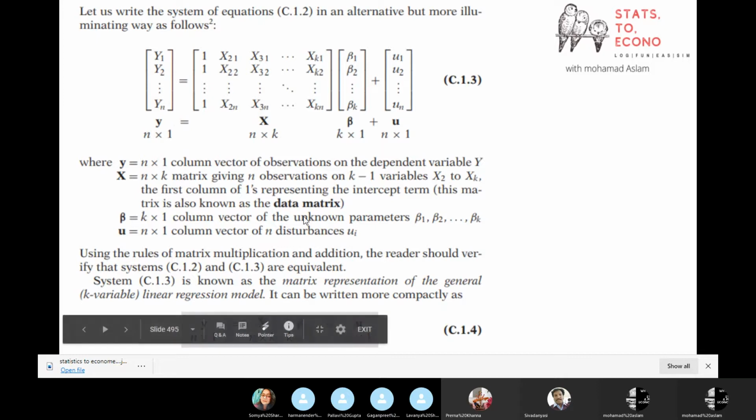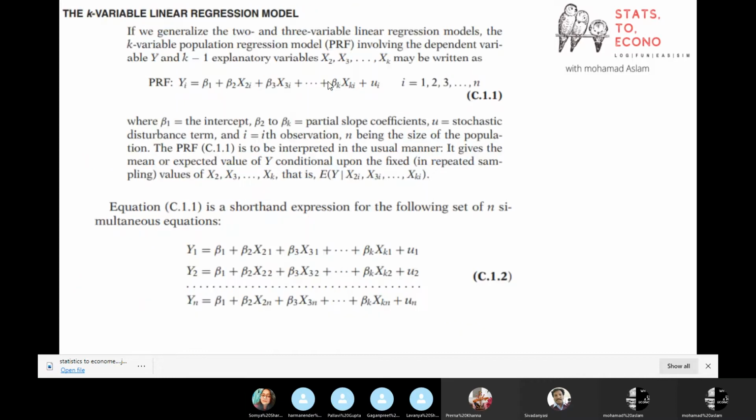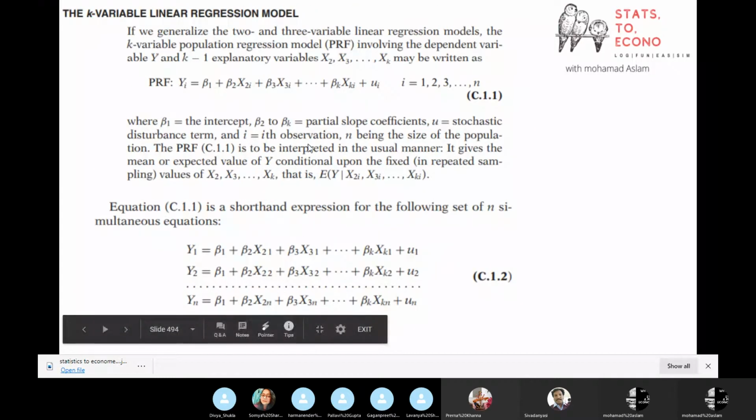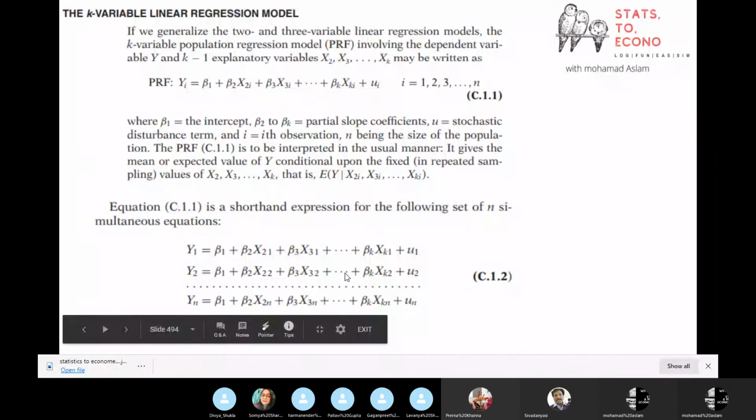This beta matrix consists of slope coefficients as well as intercept coefficients. This form of writing the matrix is just for these equations. You have n number of equations, so it's how we can write this in matrix form. If you multiply this, you will get the same number of equations.